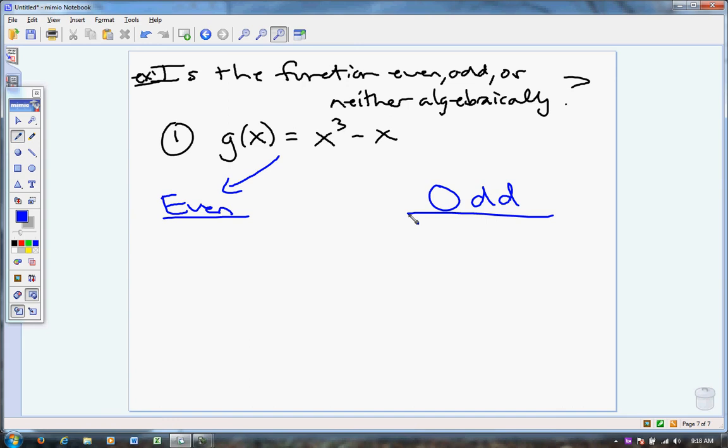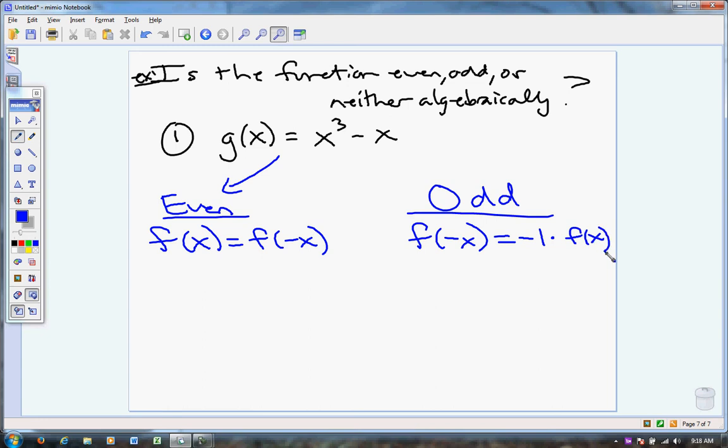And I go ahead and write the tests underneath them. If it is even, then f of x equals f of negative x. If it is odd, then f of negative x equals negative 1 times the function, or the opposite of the function. You have to take a negative through the function. That's why I write the negative 1 there.